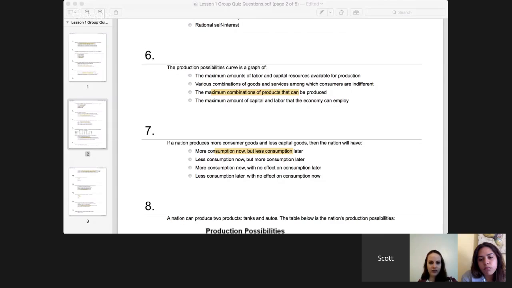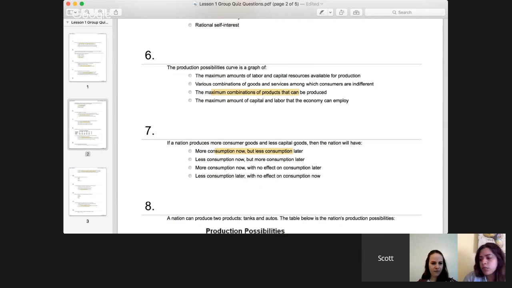Okay, I'm just looking at the glossary in the book right now. It says a curve showing the different combinations of two goods or services that can be produced in a full employment, full production economy where the available supplies of resources and technology are fixed. So I think it's maximum output.